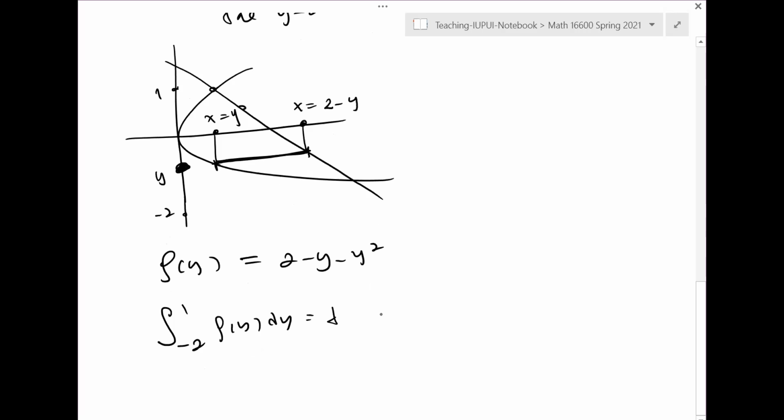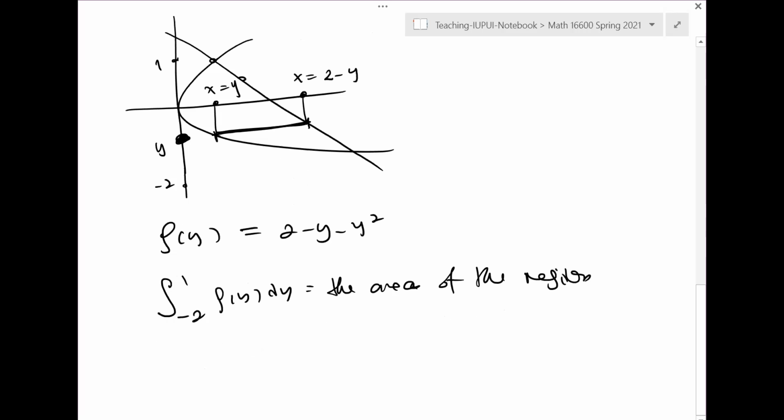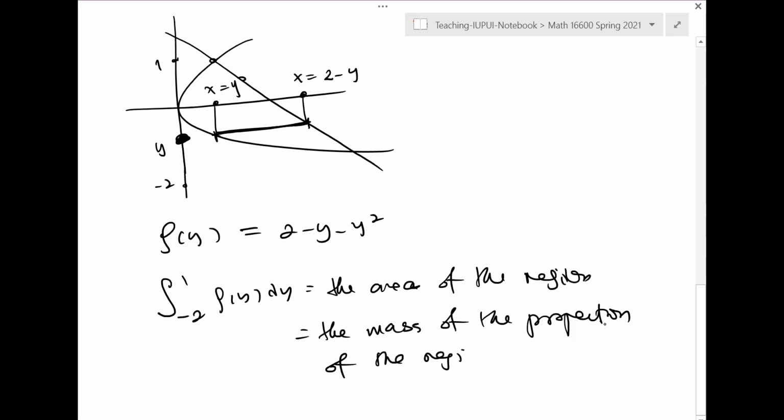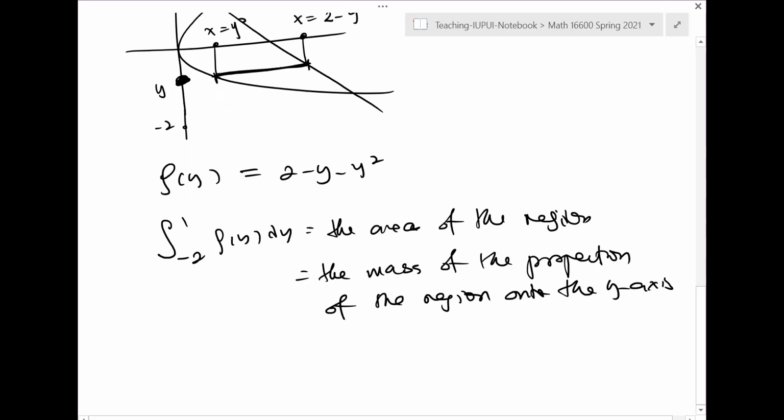This is also going to be the mass of the projection of the region onto the y-axis. Okay, let's calculate. It's not a big deal, right?